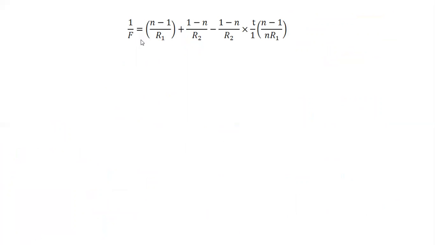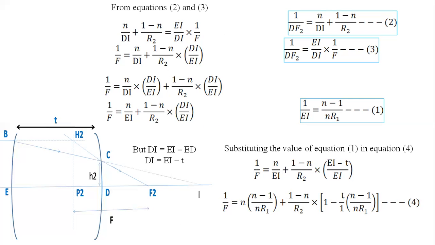Now, 1/f = (n − 1)/(n r1) in equation number 4, where n gets cancelled. The equation becomes (n − 1)/r1, and you have to multiply (1 − n)/r2 with the bracket. Therefore, you get (1 − n)/r2 minus t × (n − 1) × (1 − n)/(n r1 r2).